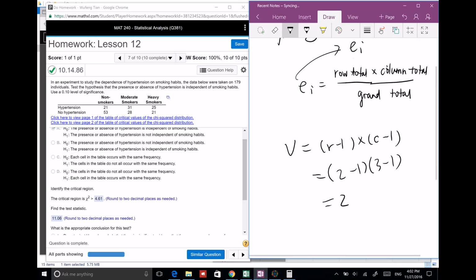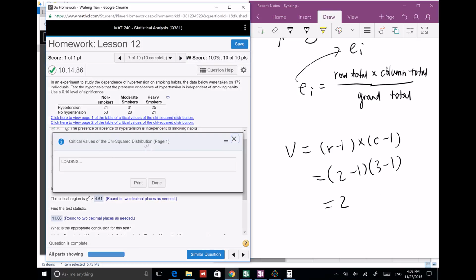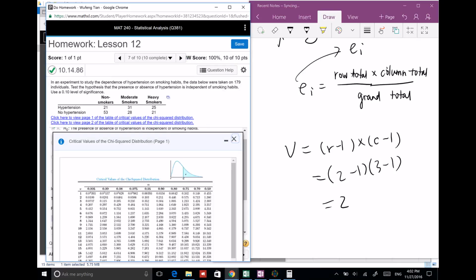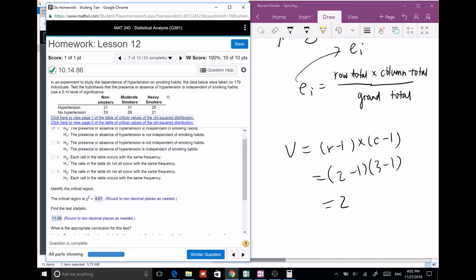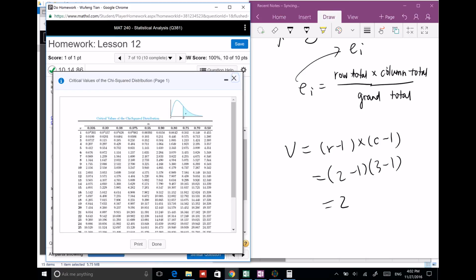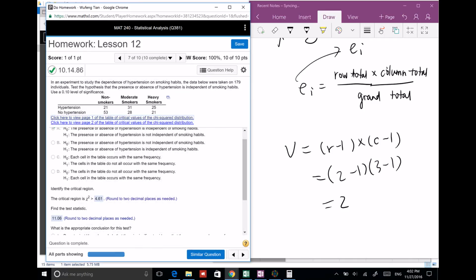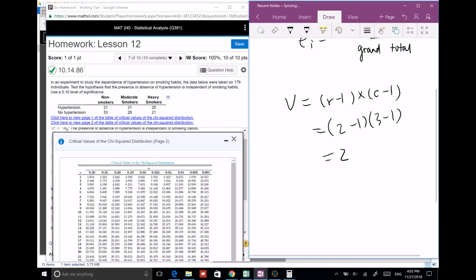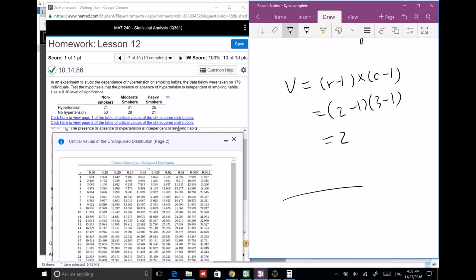The degrees of freedom is 2, and the significance level is 0.1. So the critical value is here.